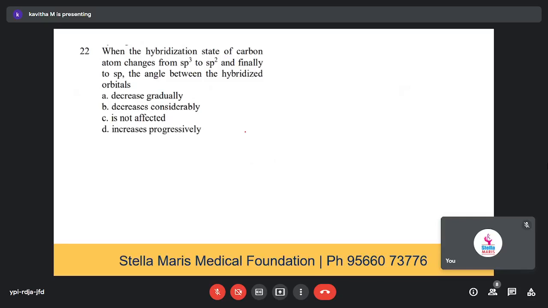It is 109.5, for sp2 it is 120, and for sp it is 180. So what happens to the bond angle from sp3 to sp? It is increasing progressively. So the answer is D for this.